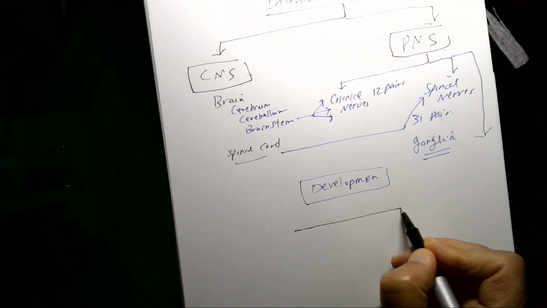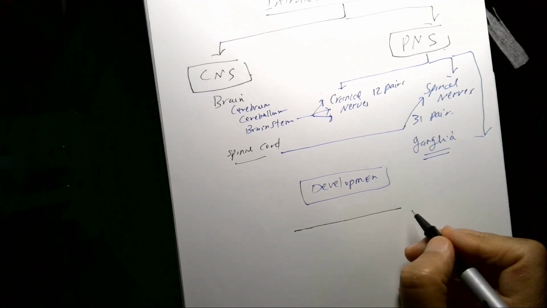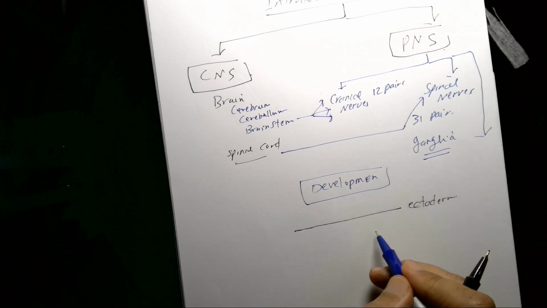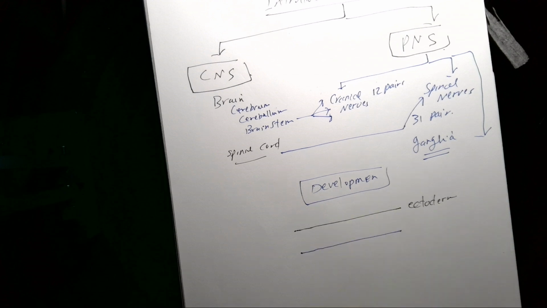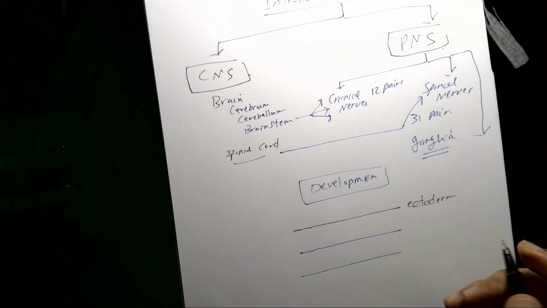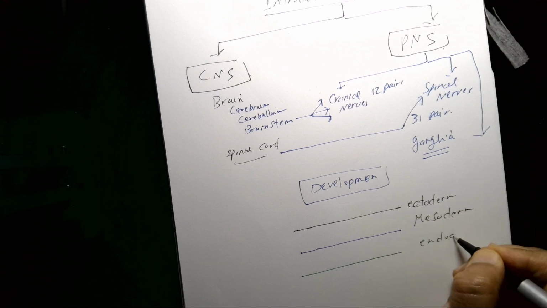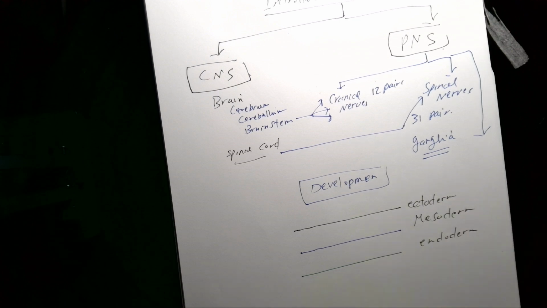So this is the ectoderm, and then the second layer is the mesoderm, and the third layer is the endoderm, inside. So this is internal in the embryo.